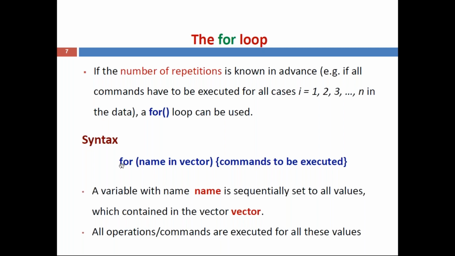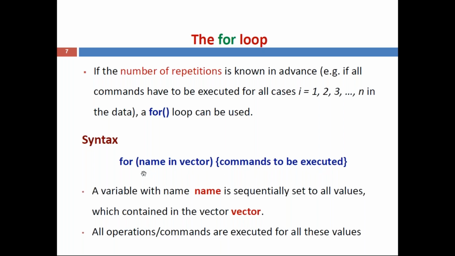Then coming to syntax, this can be defined using the keyword for. Within function brackets, you write name, that is the variable name. Then in is fixed. Then you mention the data values or vector. Data can be represented in the form of values in a range or by using a vector. Then inside the for loop, the commands to be executed.